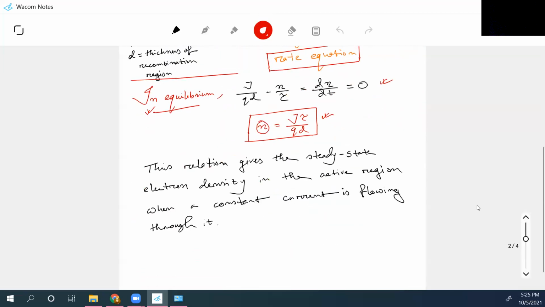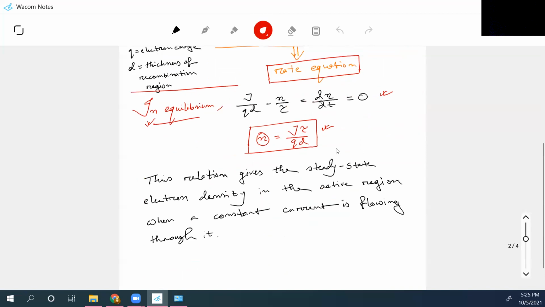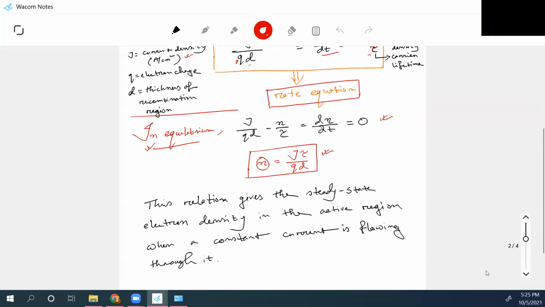So from the rate equation, we have the relation for the excess electron density n.